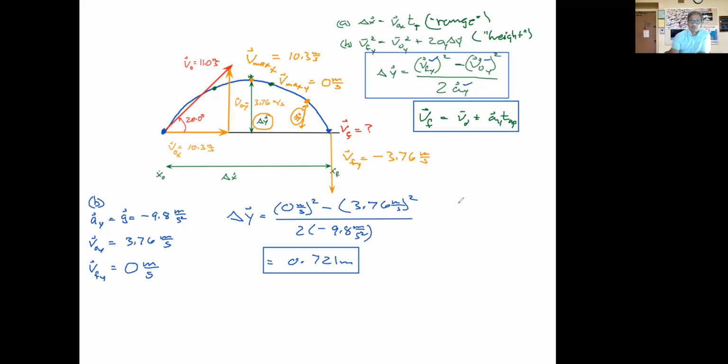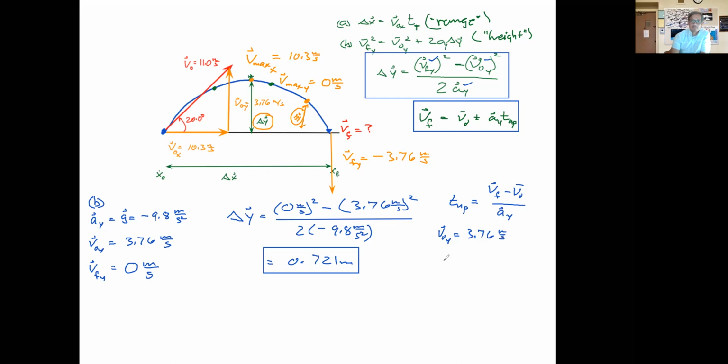For the total flight time, we start out with t up, which is v final minus v initial all over a y. We know v initial along the y is 3.76 meters per second.